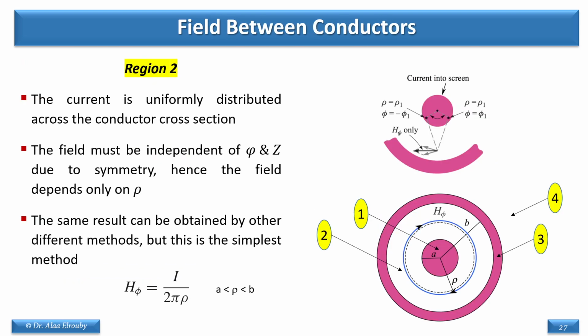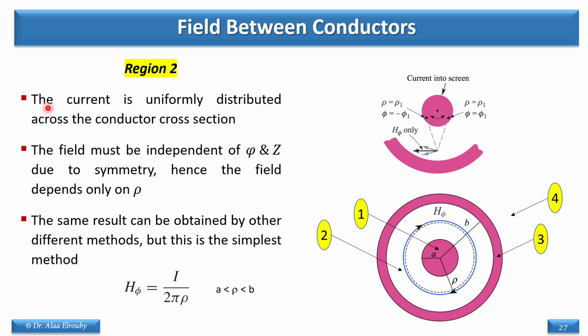So let us start. We'll do region number 2 because it's the easiest, and you're going to know why right now. Region number 1, region number 2, region number 3, region number 4.